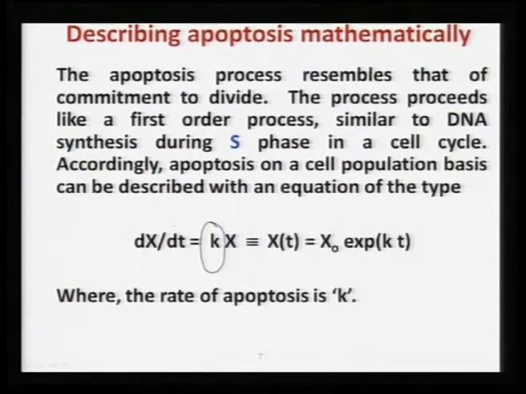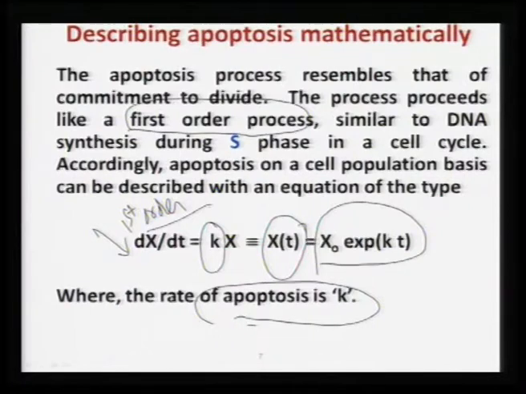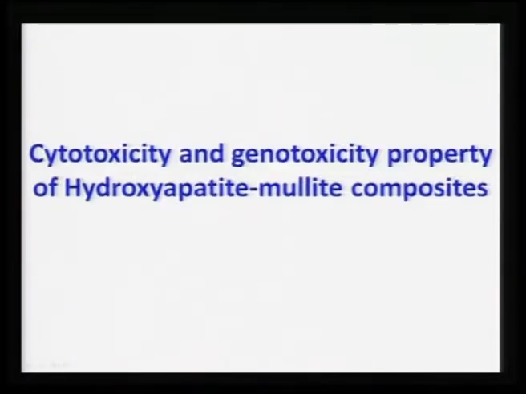So, dx by dt is equal to kx, and therefore, at any given instance, x at time t can be written as x naught exponential k t, and what is k? k is the rate of apoptosis. This process proceeds by a first order kinetic process. So, this apoptosis is a first order kinetic process, that means dx by dt is proportional to x to the power 1.